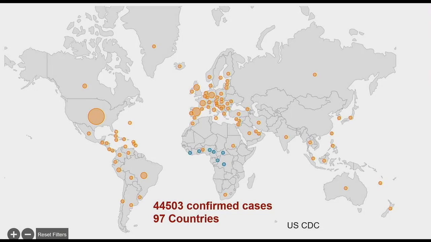The largest case numbers come from the United States, and there are some more densely reported areas in Europe. In Asia, we can see that Southeast Asia, like Thailand, the Philippines, Indonesia, as well as Japan, Korea, Taiwan, and India have reported cases.